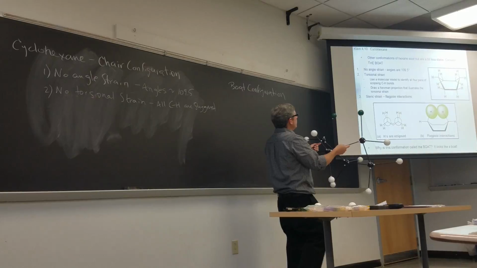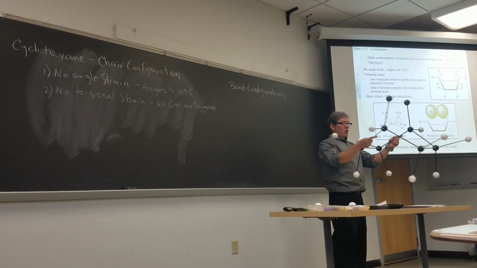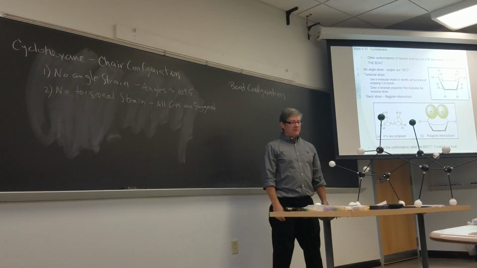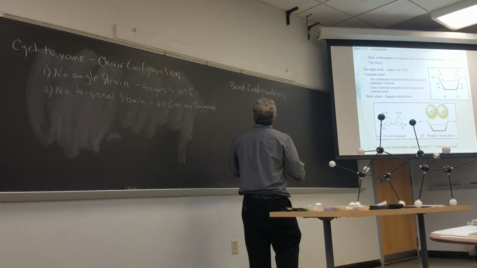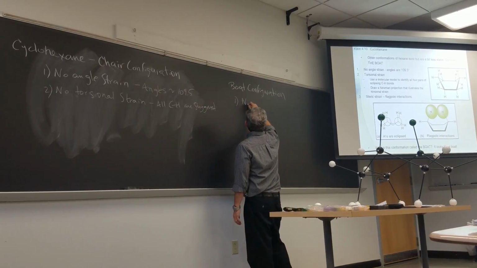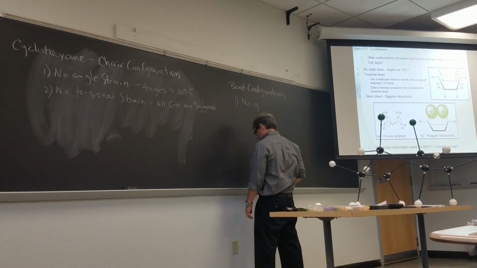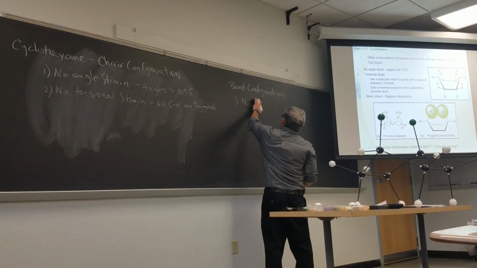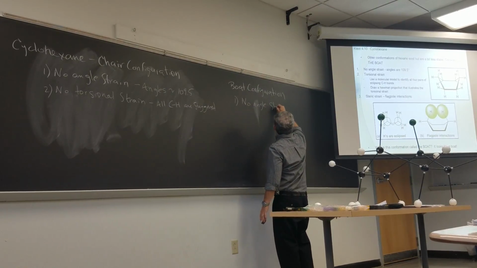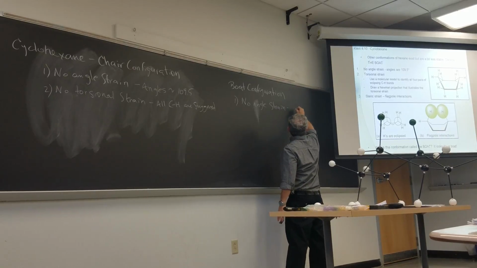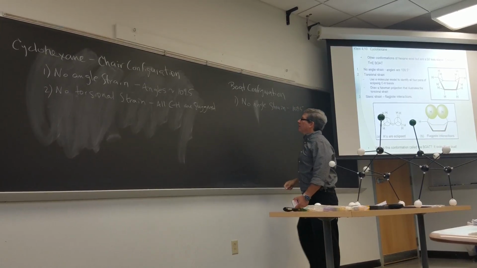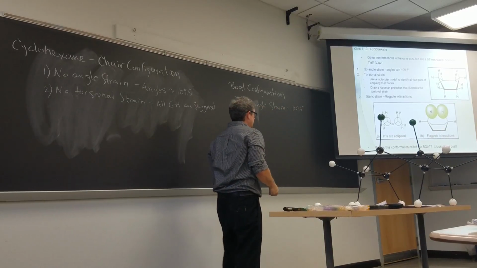So we have a number of different interactions in the boat which lead this to be a lot less stable than the chair configuration, right? So while we don't really have any angle strain, we have about 109.5 degree angles throughout our carbon chain in this ring.